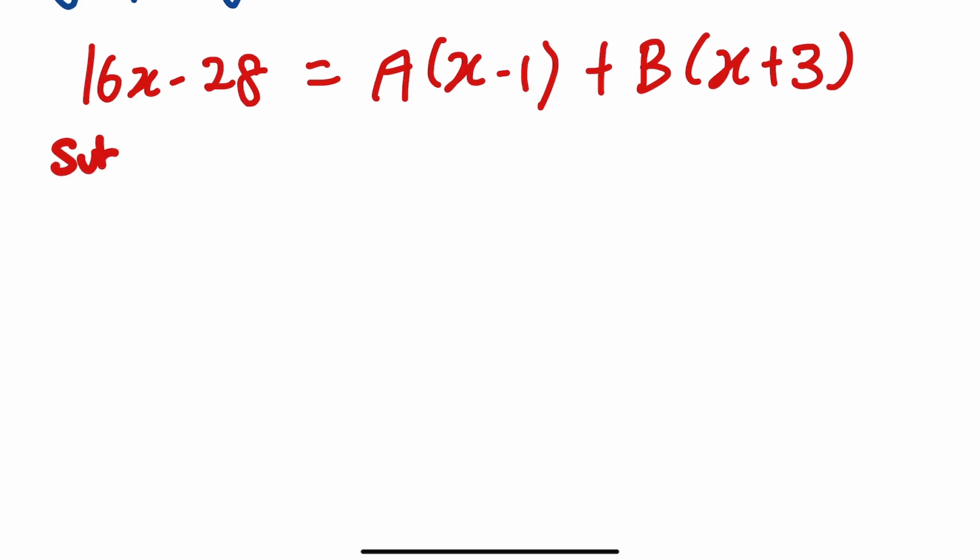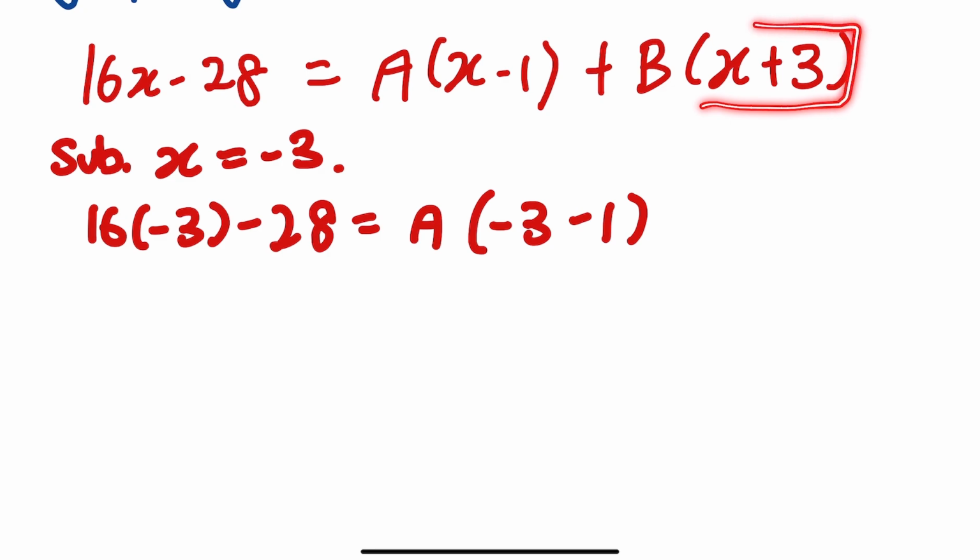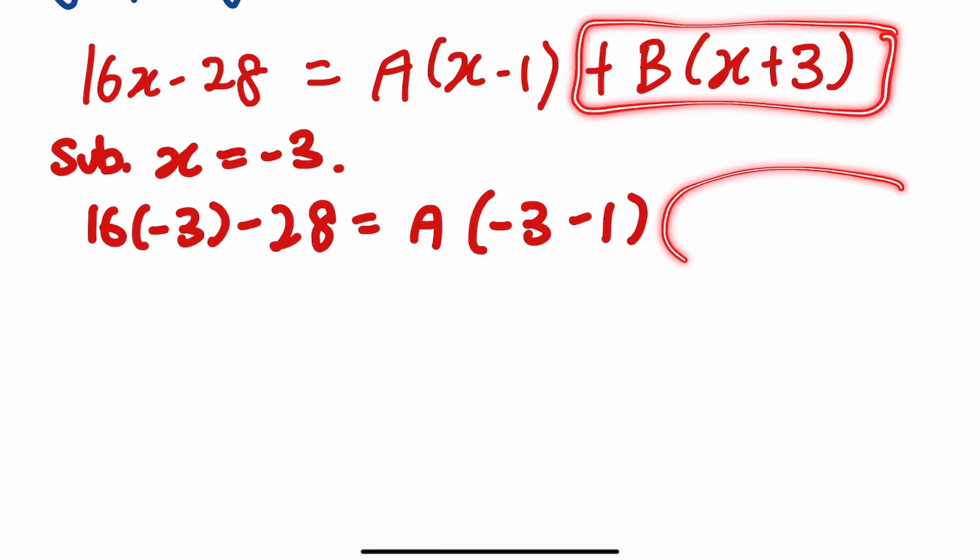So that is what I can do. I'll sub x equals negative 3. Over here, 16 times negative 3 minus 28 equals A times (negative 3 minus 1), then the B will disappear. Because negative 3 plus 3 is 0, B times 0 is 0, so this thing will become 0. So I don't need to write it over here.